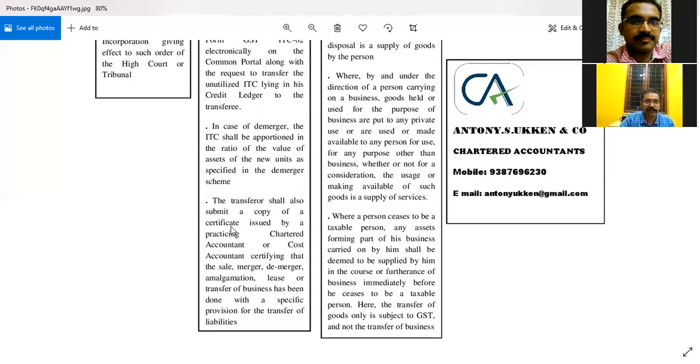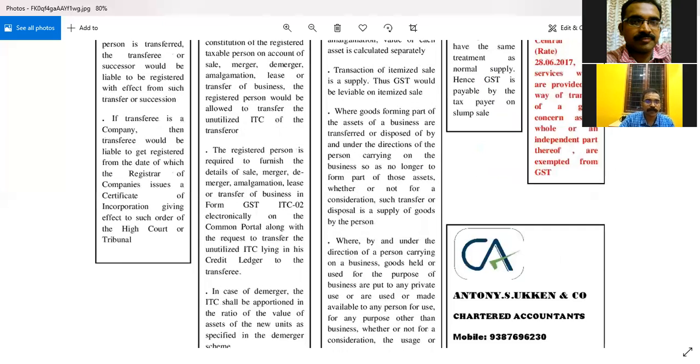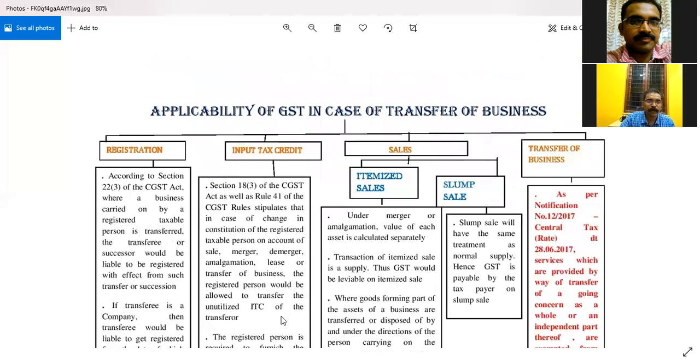And also the transferor shall submit a copy of a certificate issued by a practicing chartered accountant or cost accountant certifying that the sale, merger, demerger, amalgamation, lease, or any other transfer of business has been done with a specified provision for transfer of liability. Liabilities should also be transferred.